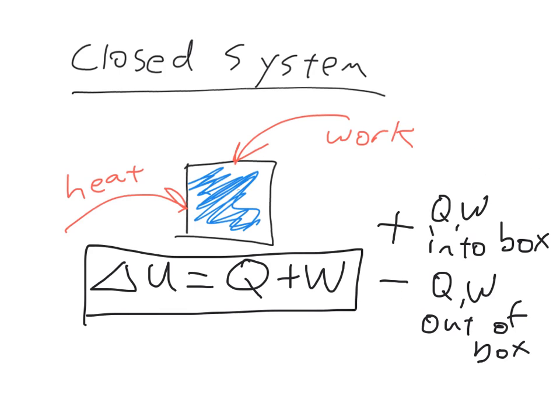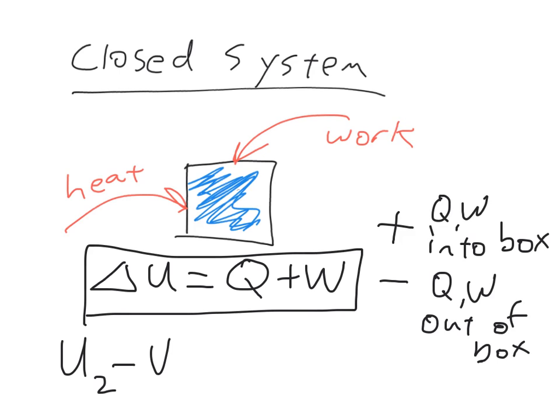So this equation, delta U is equal to Q plus W, is the basis for analyzing the energy changes of a closed system. And if I tell you what the Q is for a given system, and assuming there's no work, you can calculate the change in internal energy of the material in the box. And as a reminder, oftentimes when we're dealing with delta U, we may get U values from the tables in the back of the book.